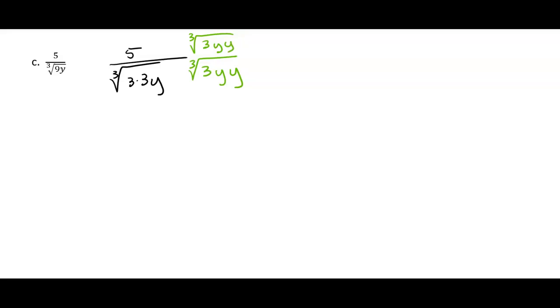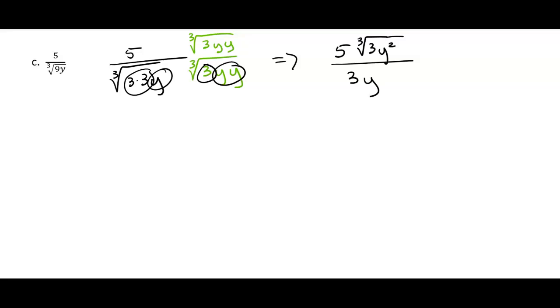I don't worry about what's going to happen in the numerator. I'm just trying to rationalize the denominator. Okay, so now that's going to give us, in the numerator, a 5. The 5 is just out there, times the cubed root of 3y squared over, and then I have the group of 3's, so I get 1 3 out, and I have a group of y's, and I get 1 y out.